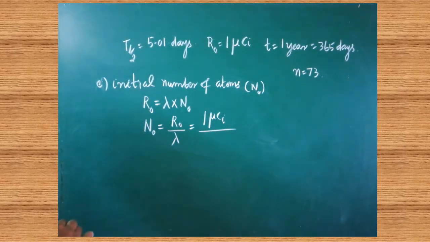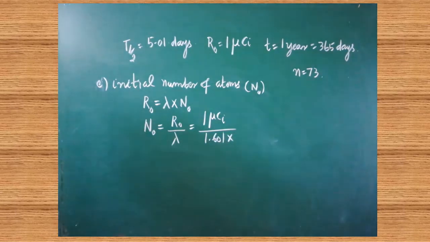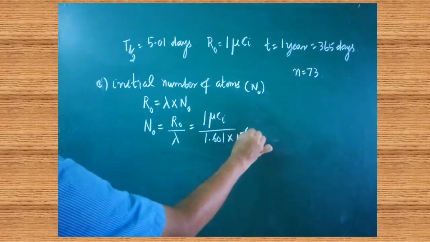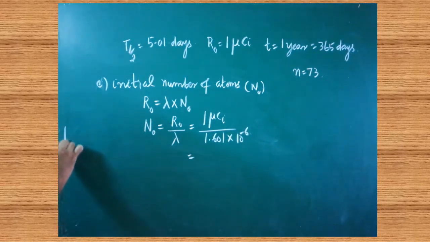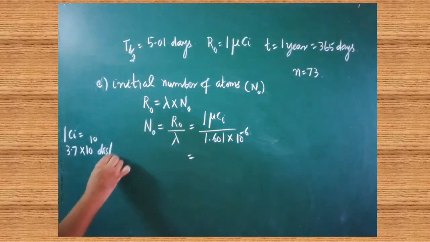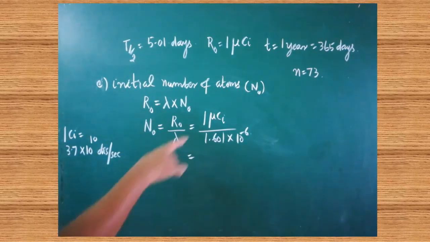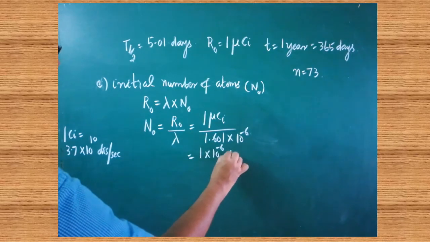What is the value of lambda? Already it is found out, 1.601 times 10 to the power of minus 6. That is the value. We know the value of 1 curie. 1 curie is equal to 3.7 times 10 to the power of 10 disintegrations per second. So this is the value of 1 curie. Here micro is there. Therefore 1 times 10 to the power of minus 6 for micro.